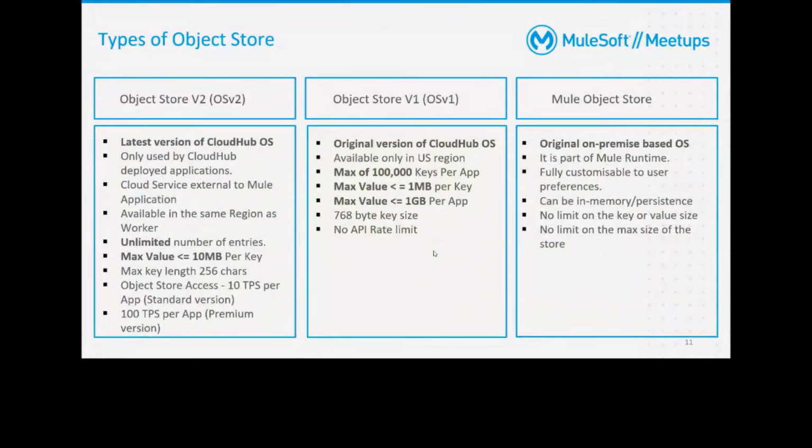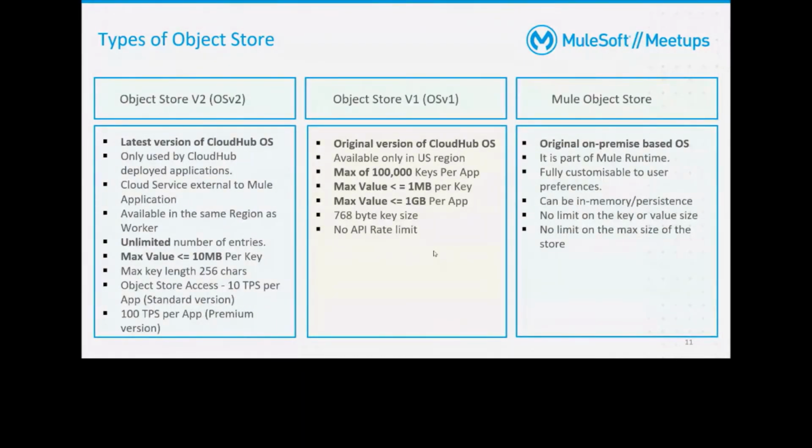Whereas in V1, it is up to 1 MB per key. That is the size difference. And for the entire application, the value size should be less than 1 GB. This is also a limitation in V1. Coming to the key, the max key length can be 256 characters in V2, whereas in V1 it is 768 bytes. This is just the difference in key size.